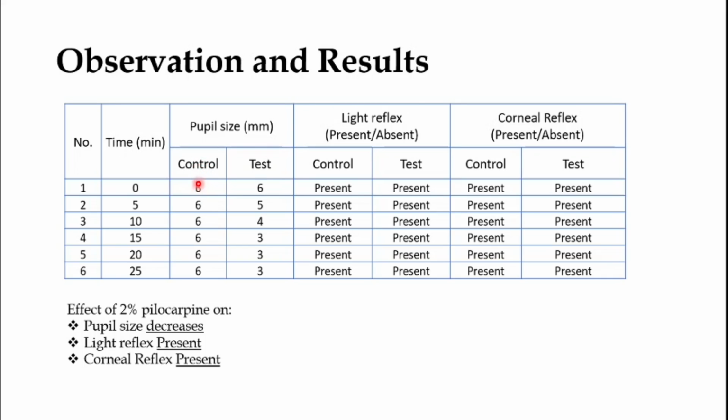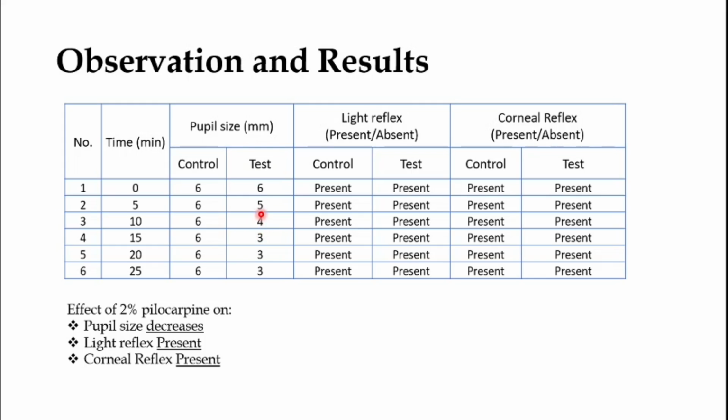So the normal pupil size of the rabbit is 6 millimeter, right, which we have measured with the help of the scale. So the pupil size will remain constant in the control eye, whereas at the 0 time period the pupil size will definitely be 6, and after you give the pilocarpine into the eye of the animal, you can see the pupil size is getting decreased.